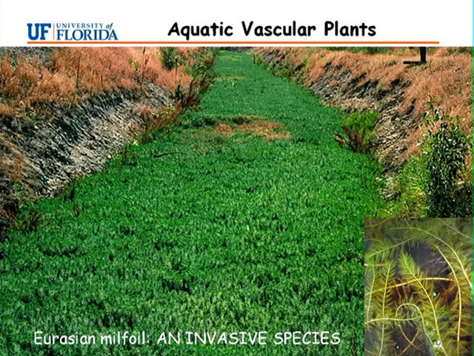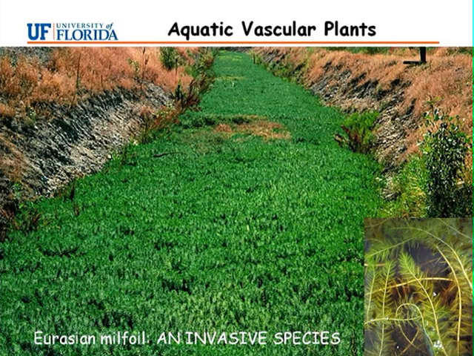Here's an example of milfoil, Myriophyllum, that is growing in such densities that it's clogging water canals. This is an imported species that has become invasive, where it has come in either from transport from other places because of the aquarium trade, or in some cases from ballast waters.